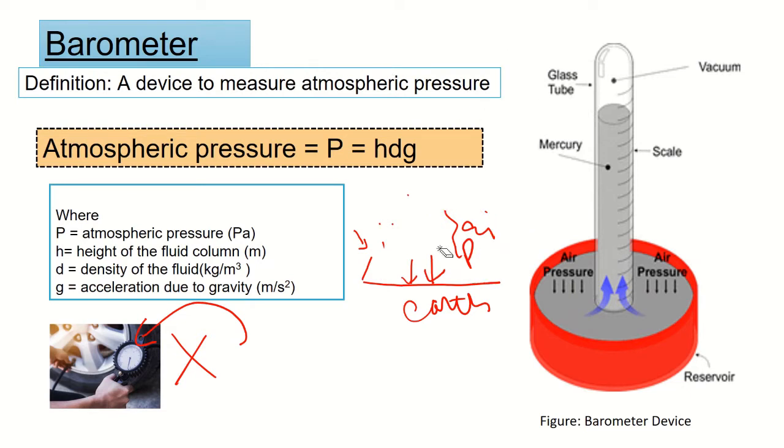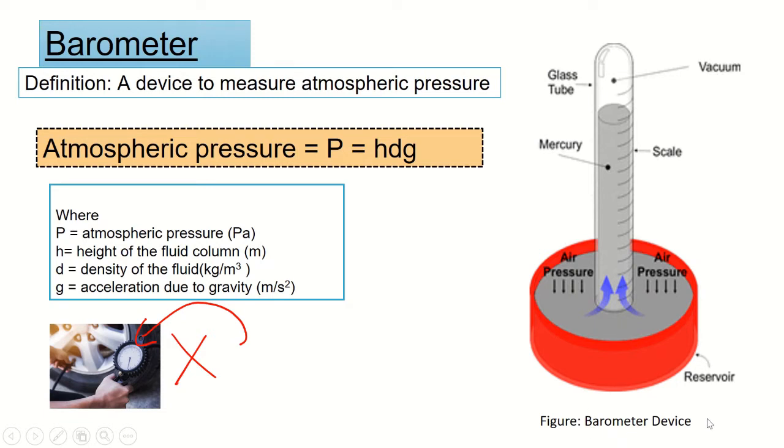Now we will talk about the device. On the right hand side, the device is given, and it is known as the barometer, which is used to measure the atmospheric pressure, the pressure of the air on the earth's surface, not the pressure of the tire or the cylinder.